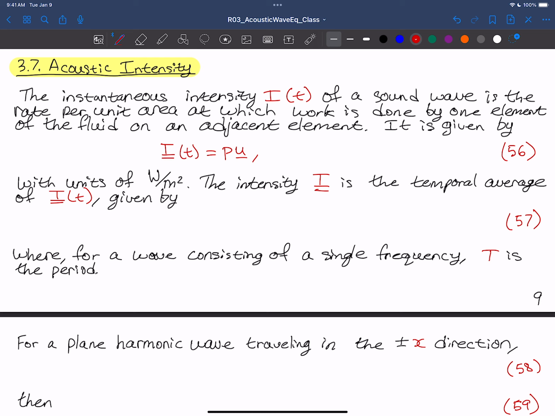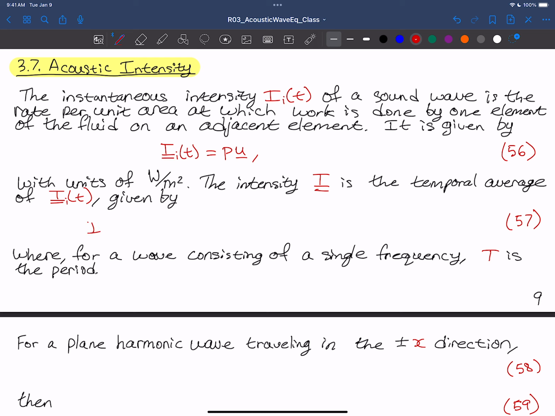So then the intensity, in fact, let's add a little i here to represent that this is the instantaneous intensity. So the intensity big I is then going to be the temporal average of that instantaneous intensity.